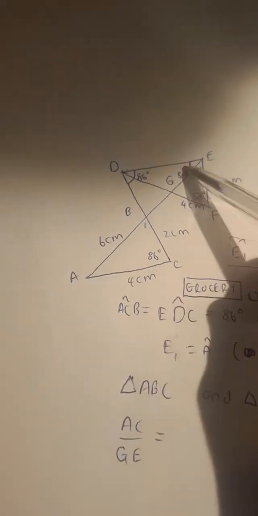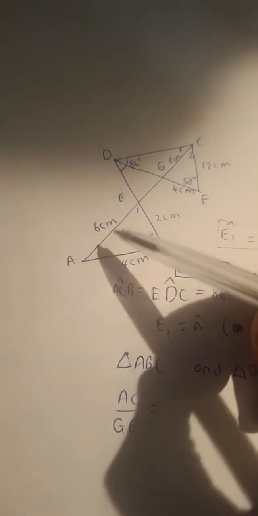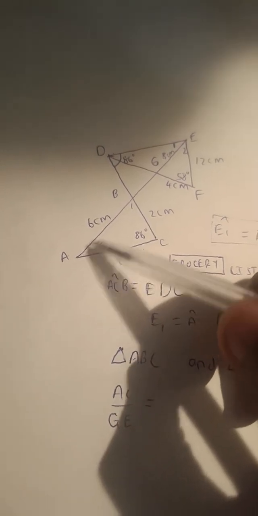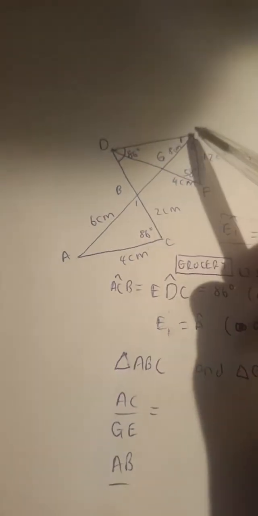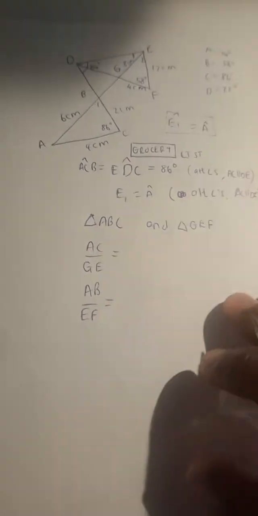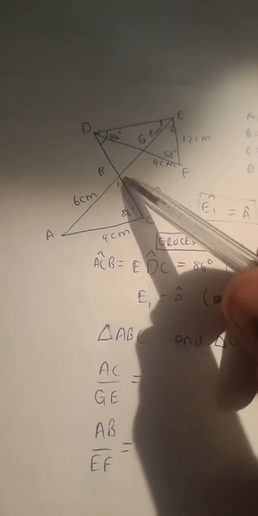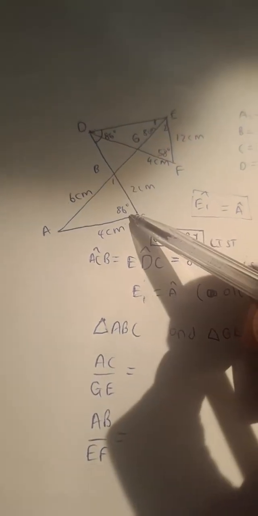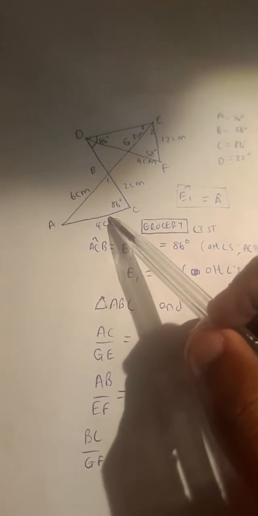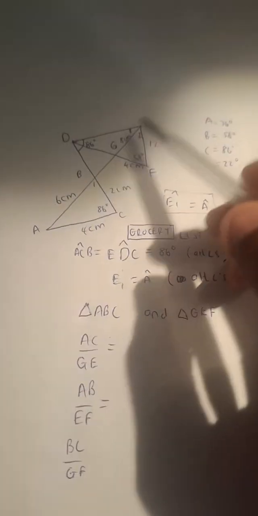And look at this as well: AB over EF. And then lastly, look at BC over GF. Something very interesting. Look at AC over who? GE.